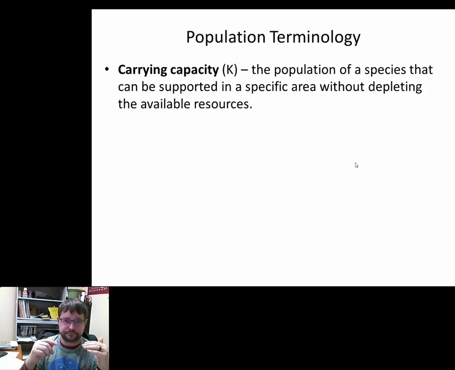And so, again, like I said, for humans, there's been quite a few calculations that the human carrying capacity of the planet is about 9 billion. Now, there's other estimates that suggest 12 billion, okay? But nonetheless, we know that there has to be a carrying capacity for this planet. There is a number that humans can reach in which we have now depleted all the available resources.